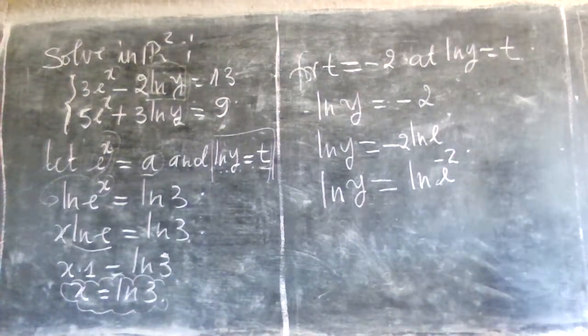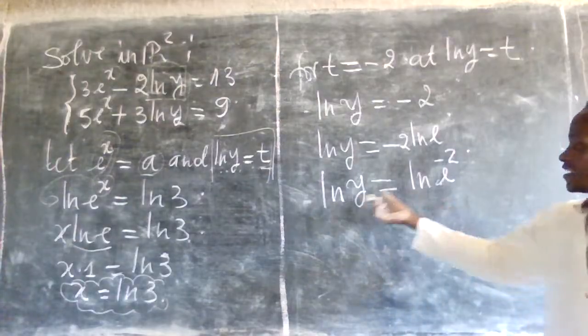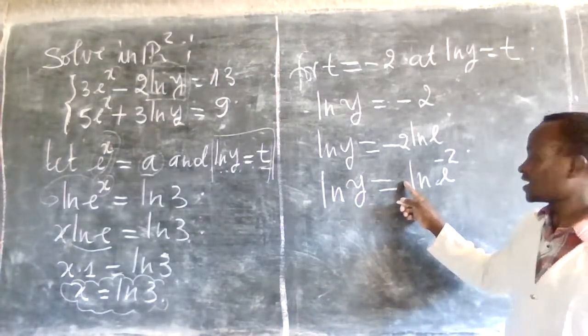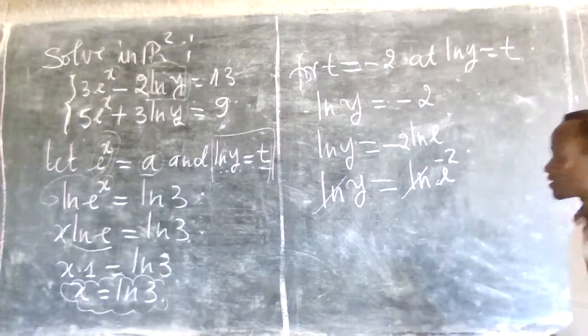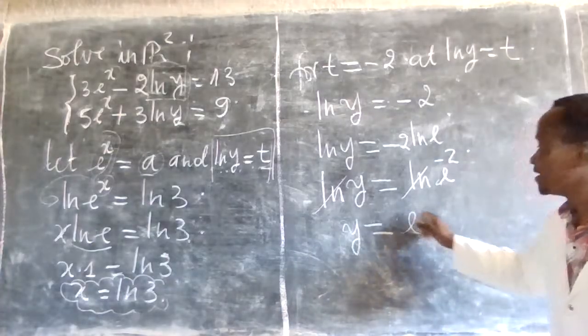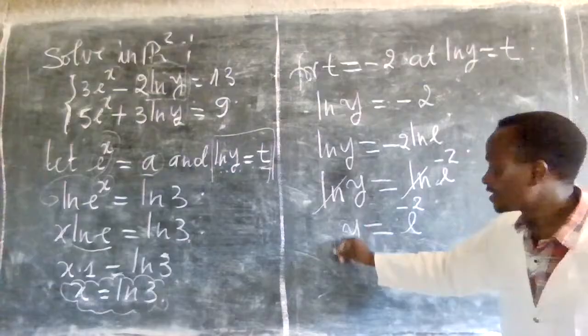Yes? Now you remember, here we remain with ln, and here ln, here we have 1, here we have 1. As I told you, you have to cancel this and this one. Finally, it is y which is equal to e power minus 2. Yes?